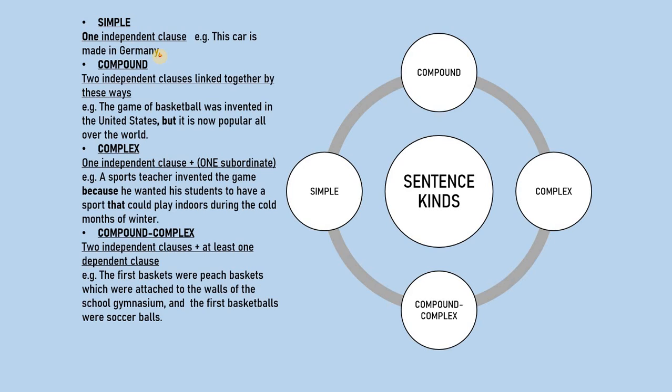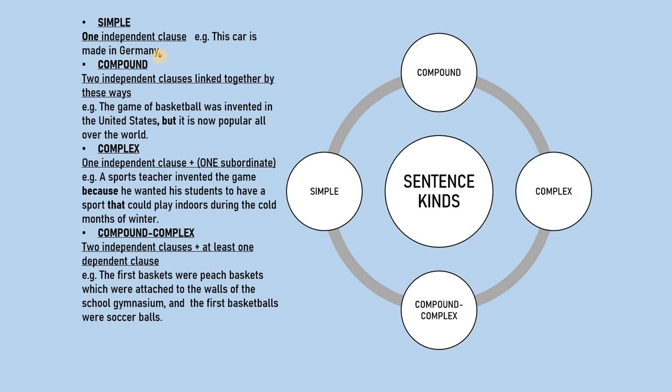The compound is two independent clauses linked together by what we call the coordinating conjunctions, mainly the fanboys. We have seen them in the lesson on conjunctions, normally lesson number 8, where we saw the different coordinating conjunctions and the correlative conjunctions too.